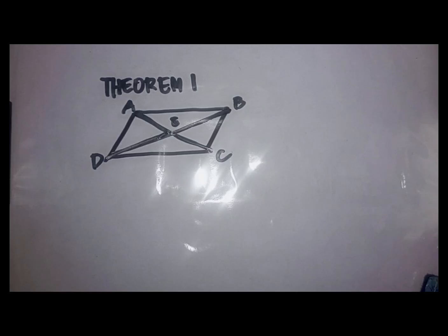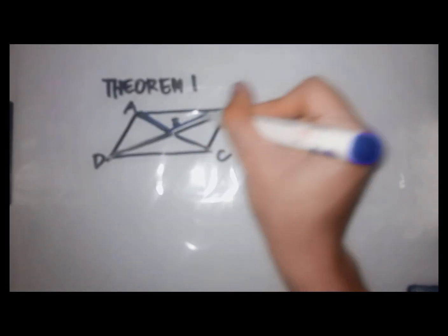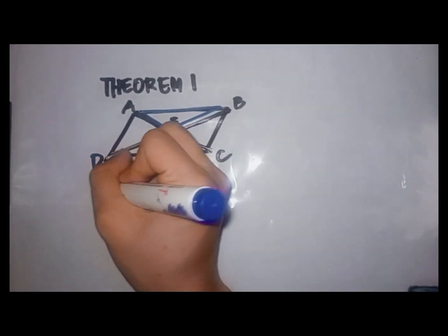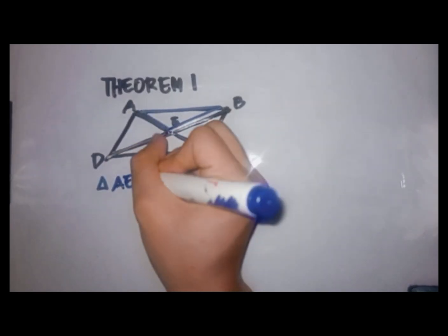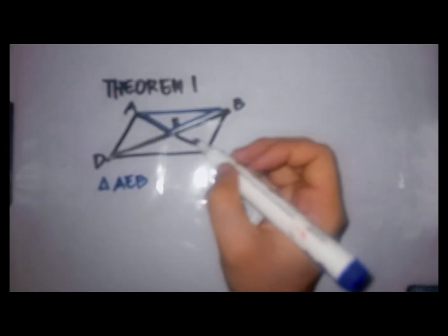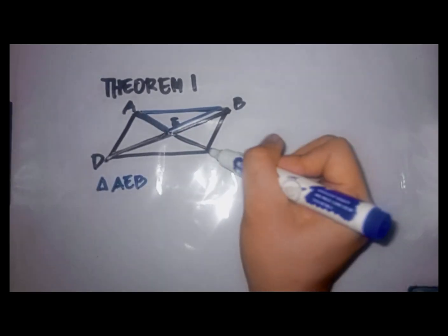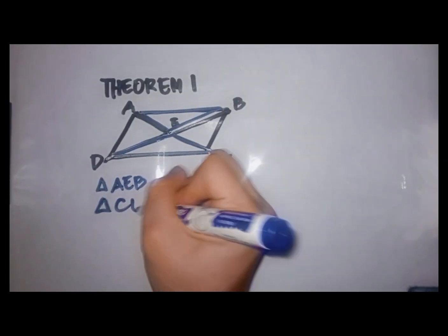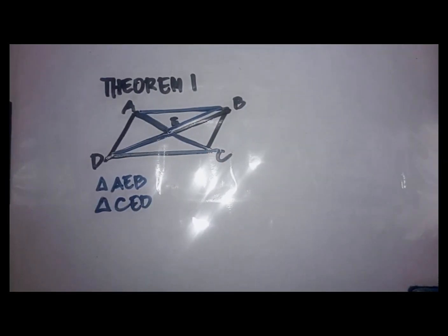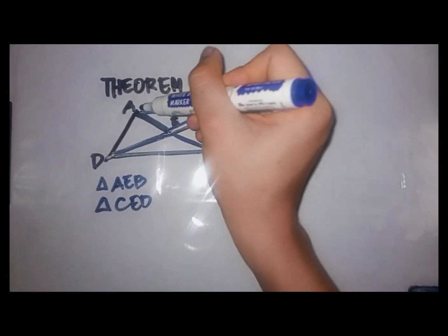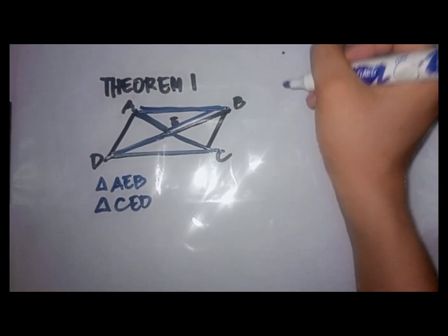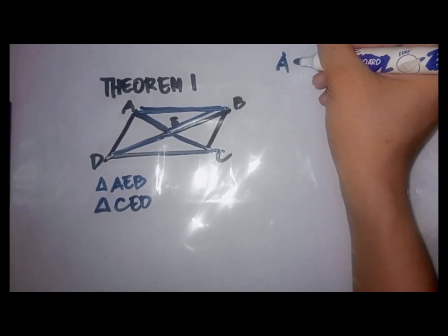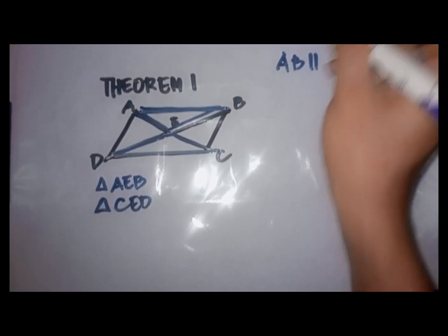Now, say we have here the triangle AEB, and triangle CED. Now, line AB is parallel to line CD.